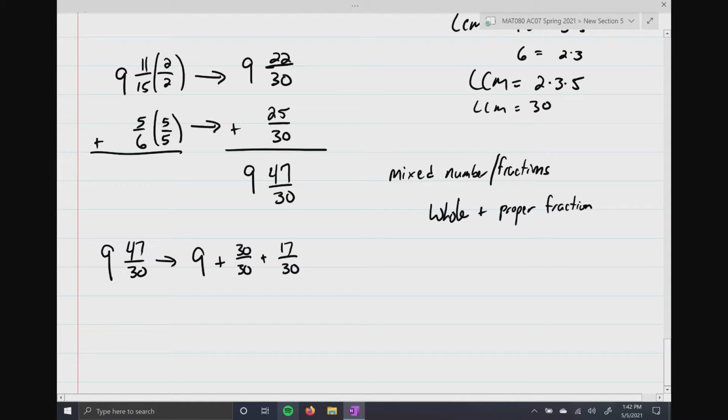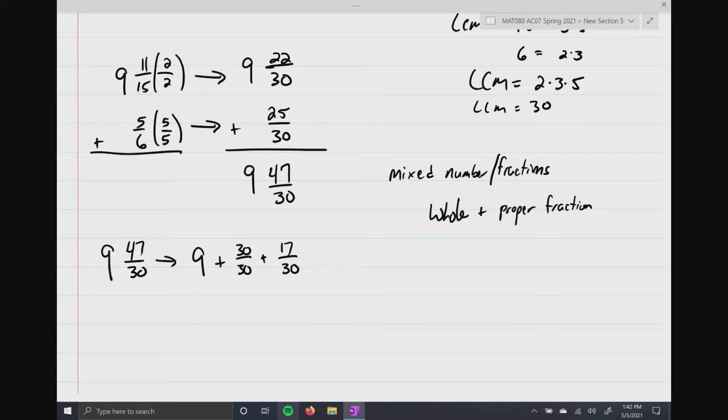Like I'm telling you, you're going to see this on the final. All right, so here's what I did. The 47 over 30 is an improper fraction. So I said, okay, well, I'm going to make a whole. I'm going to make 1. And how do I make 1? Well, I look at my denominator, and since it was 30, I'm going to make it 30 over 30.